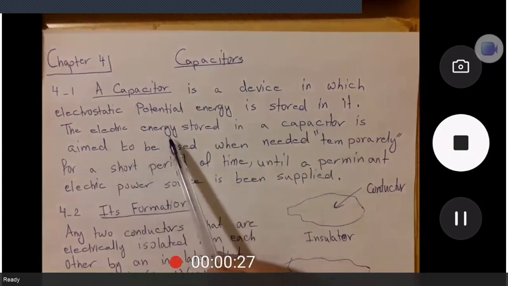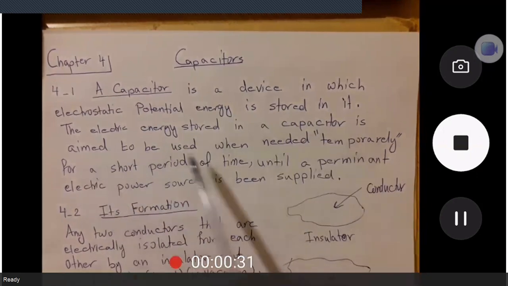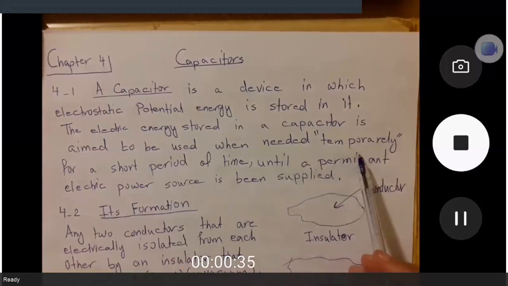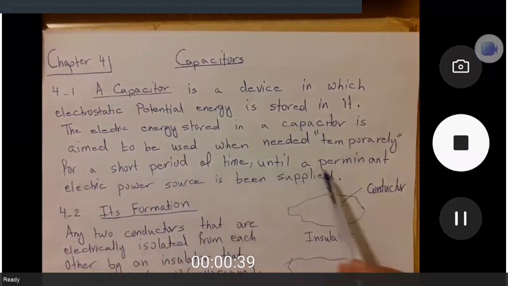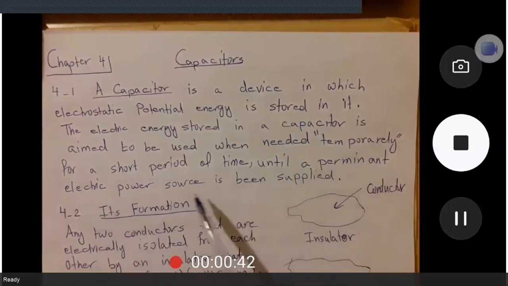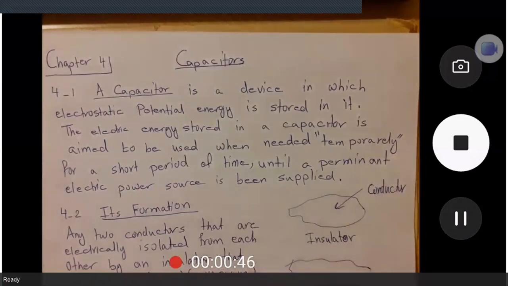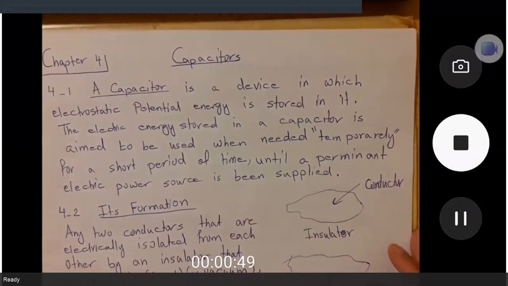The electric energy stored in a capacitor is aimed to be used when needed temporarily, for a short period of time, until a permanent electric power source is supplied. So we are talking about an electric device in which we're able to store energy.